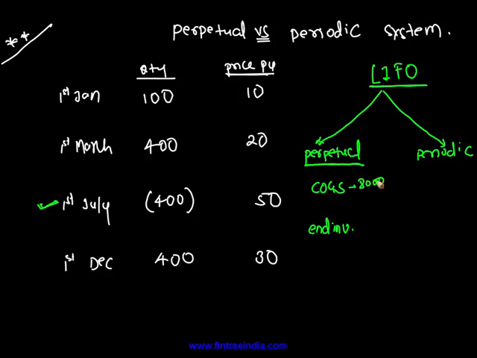Are you following this? And then what would be the ending inventory? Now, ending inventory for the end of the year, not on 1st of July. So ending inventory will have this 100 into 10, which is 1000, plus we will also have these 12,000. So your total ending inventory is now 13,000.